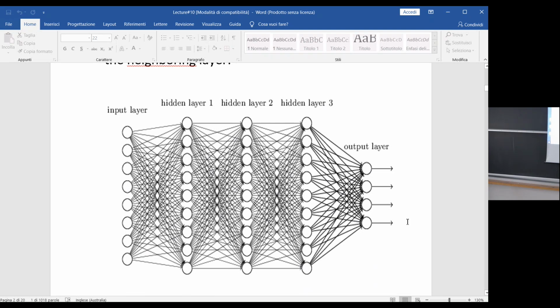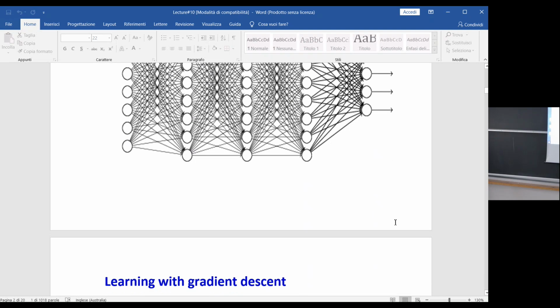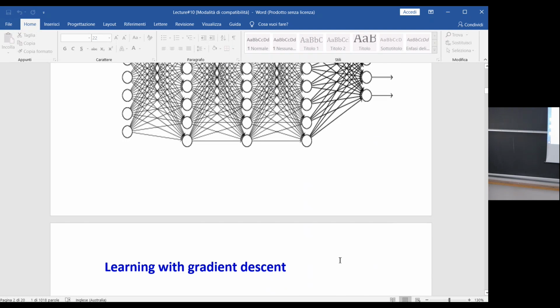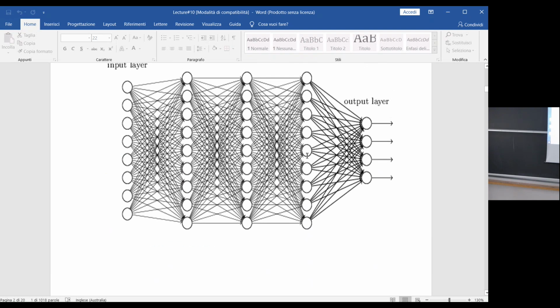It is very good for beginning to study backpropagation and so on. But in a real situation, it is not the best configuration of the network.